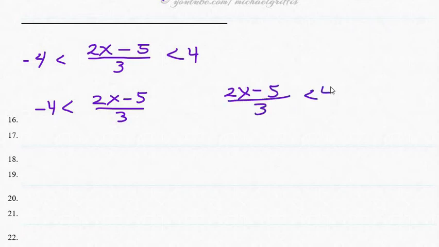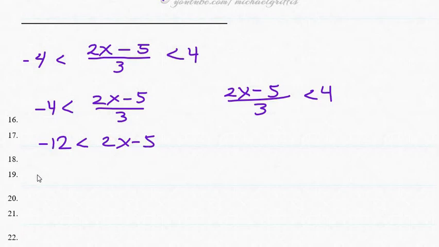Is less than 4. So let's go ahead and multiply through by 3 to both sides. Get rid of this. So that's going to be 3 times negative 4 is negative 12. Of course, 3 times this side causes that to cancel out.